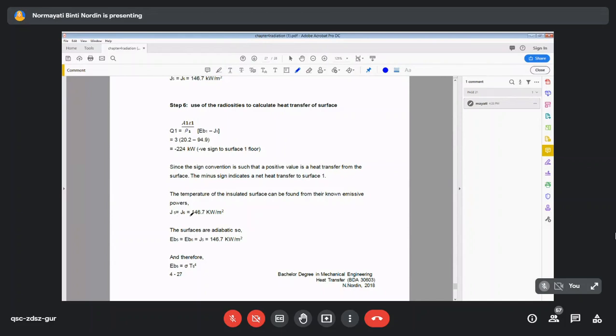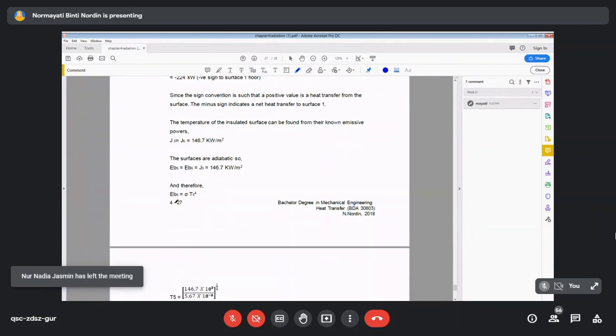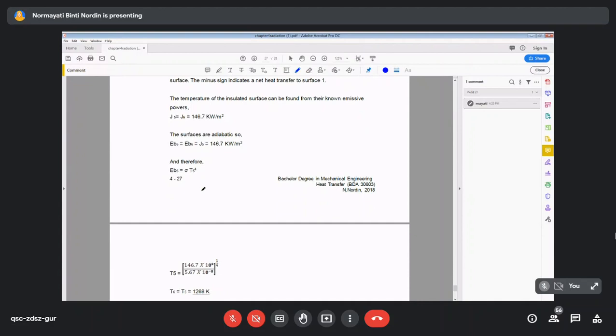So you need to know the radiosity. Once you know the radiosity, you just calculate black body emissive power is equal to sigma times temperature to the power of 4. So you can easily calculate the temperature because you already know the radiosity, so radiosity is equal to black body emissive power. Just substitute into this formulation.